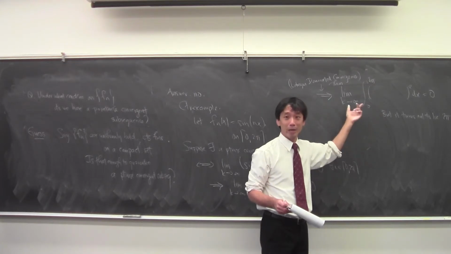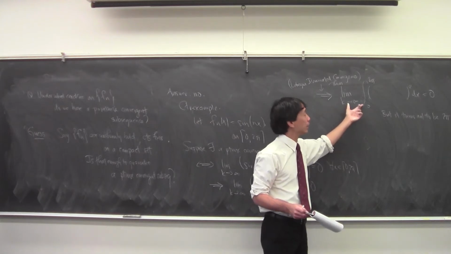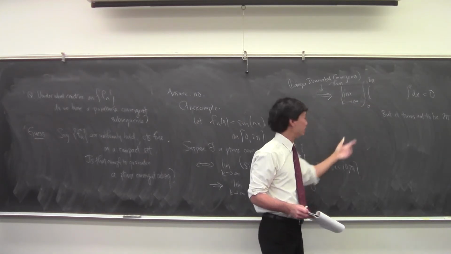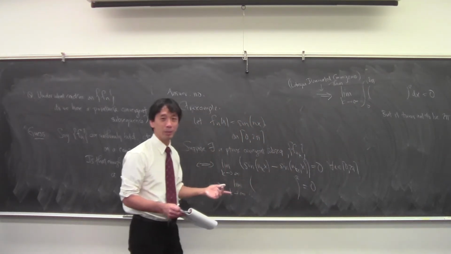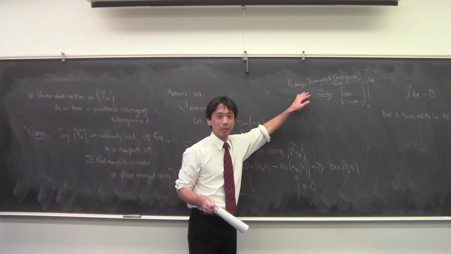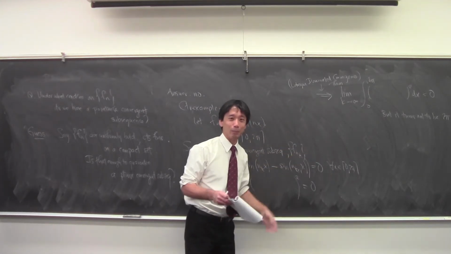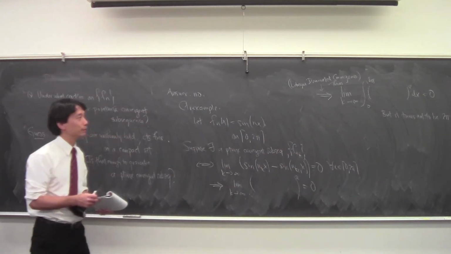Remember we have a theorem about interchanging limit and integral if the series converges uniformly, but this is pointwise convergence. However, it satisfies the conditions of the dominated convergence theorem, which says that you can do it as long as certain things are satisfied.